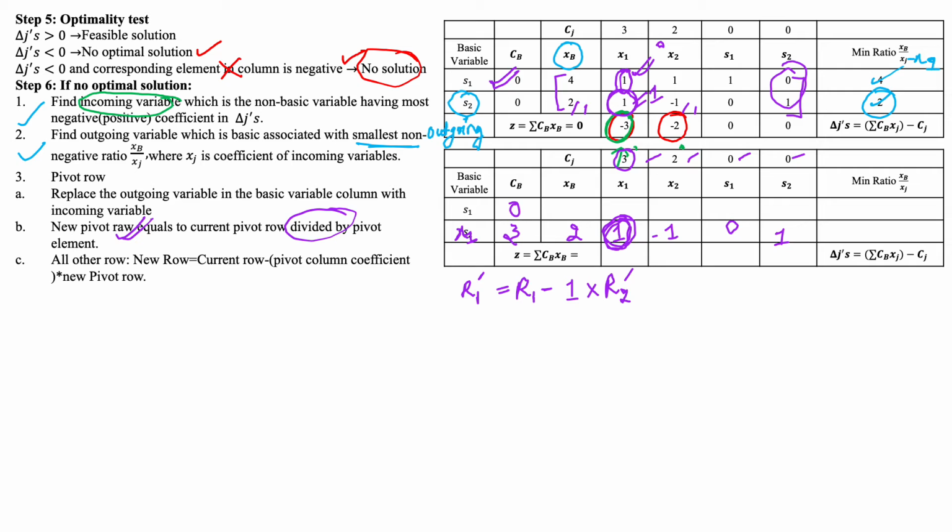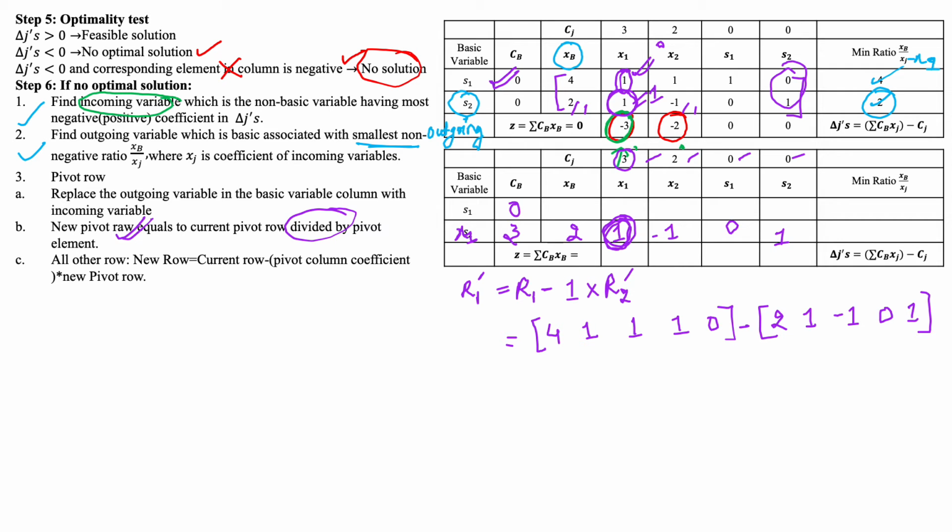So how will it be applied? My older row is 4, 1, 1, 1, 0, and then I have to subtract the pivot row. Multiplying by 1, it remains the same: 2, 1, minus 1, 0, 1.